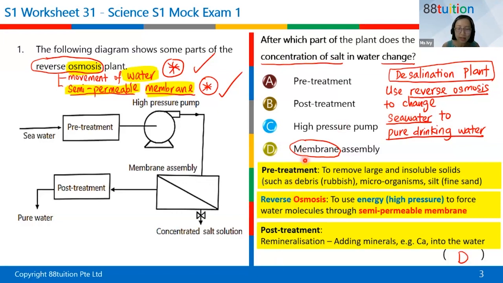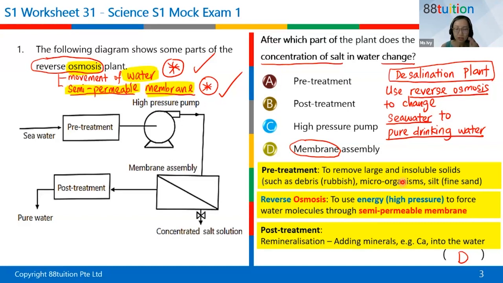Okay, so these are just some extra information for everyone. In the desalination plant, there are 3 processes: pre-treatment, reverse osmosis, and post-treatment. Pre-treatment means once they have the seawater, ocean water has so much rubbish. So they must first remove all the rubbish, the debris, and even the germs, the microorganisms, or even the silt, which is like a fine sand or mud.